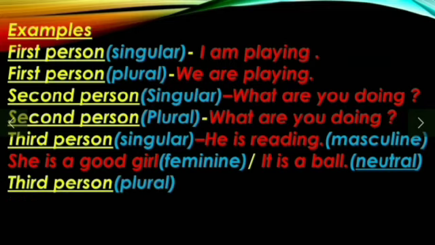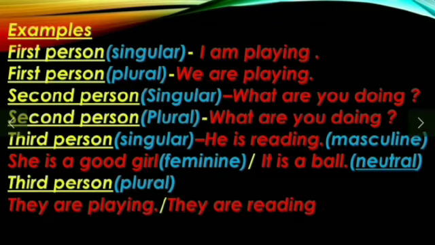We use it for neutral gender, that is ball in the sentence. It is a ball in singular form. But in third person plural, we use the pronoun word they for all the cases, like they are reading, they are good girls, etc. Now, let's recap what we learn today.